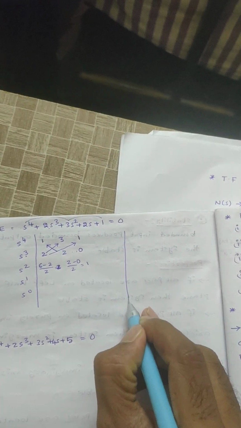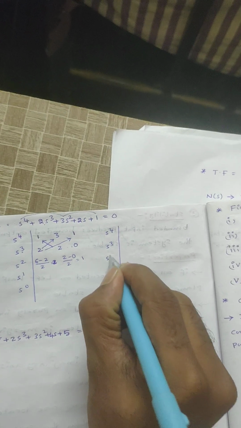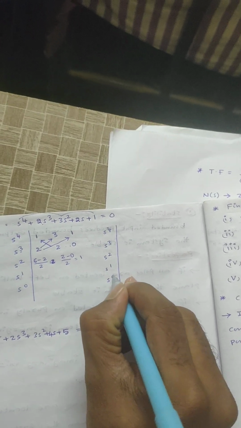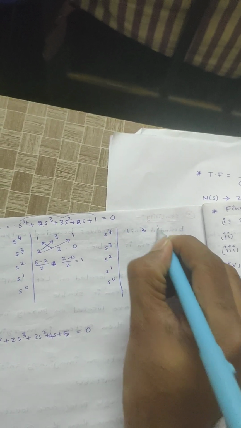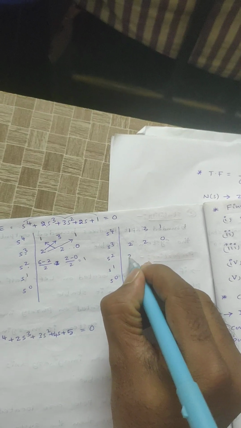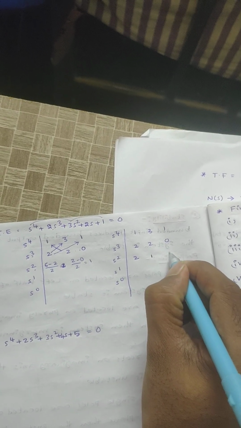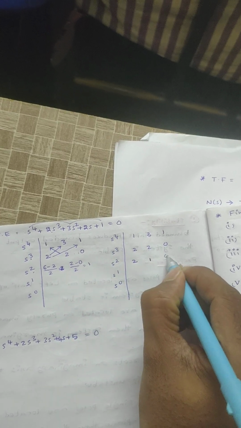For your understanding, I am writing again clearly. S power 4, s cube, s square, s power 1, s power 0, right? 1, 3, 1 first row, second row 2, 2, 0, right? Third row, first one is 2, second one is 1, third one has no third element, so that is again 0.